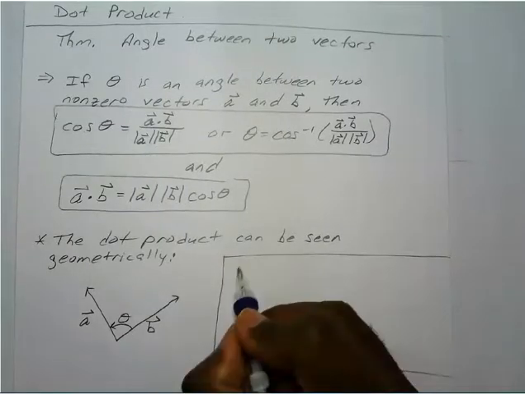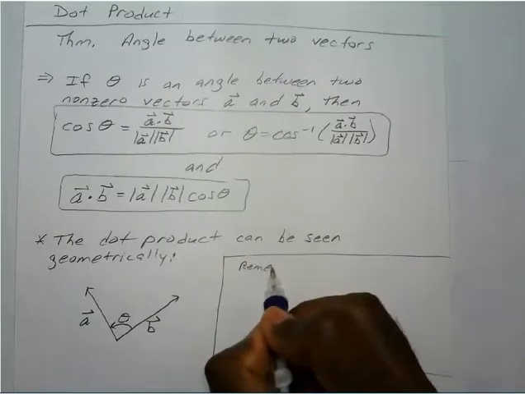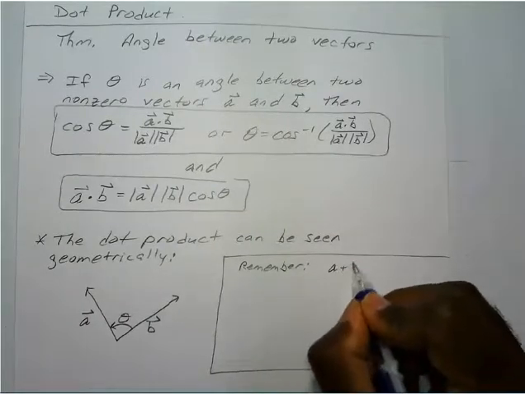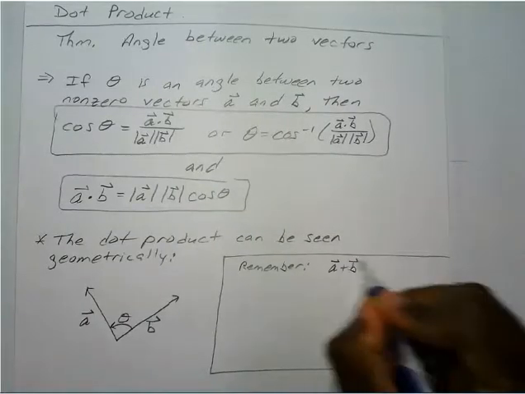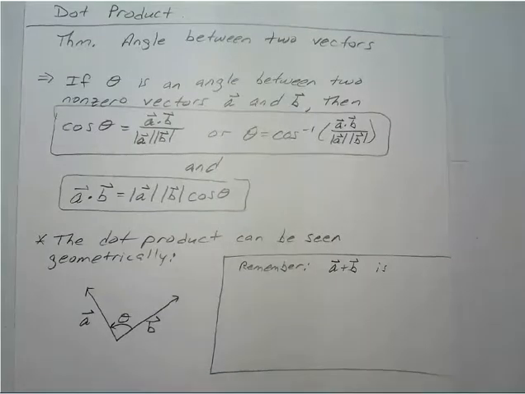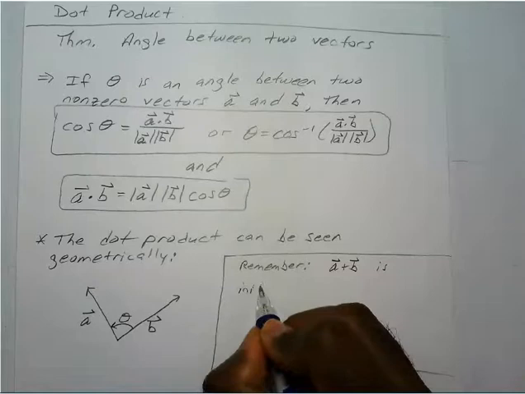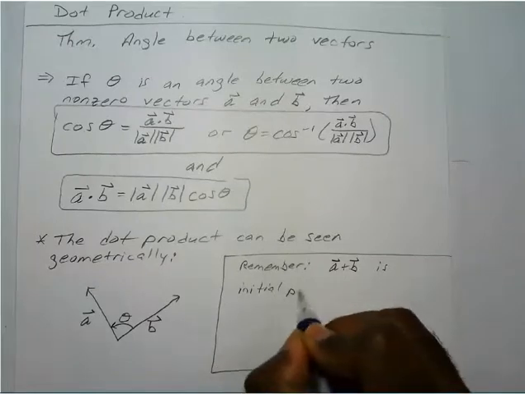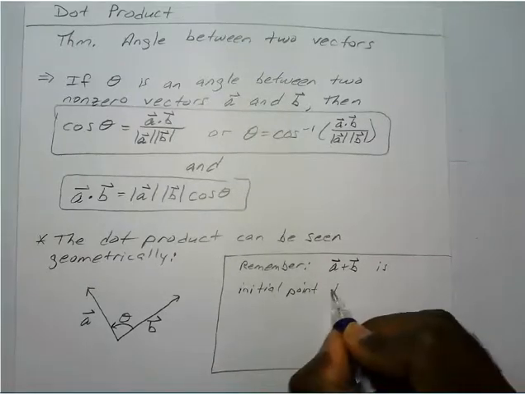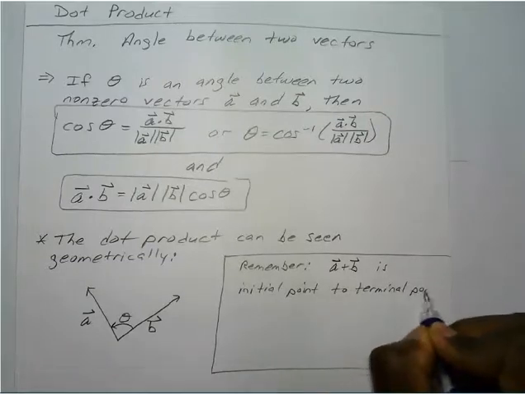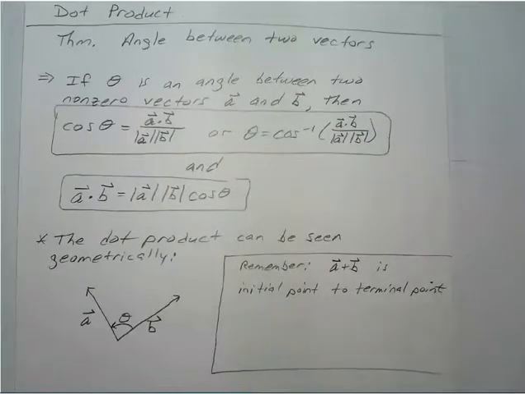Because if you remember, vector A plus vector B is drawn as initial point to terminal point. Okay, this is initial point to initial point.